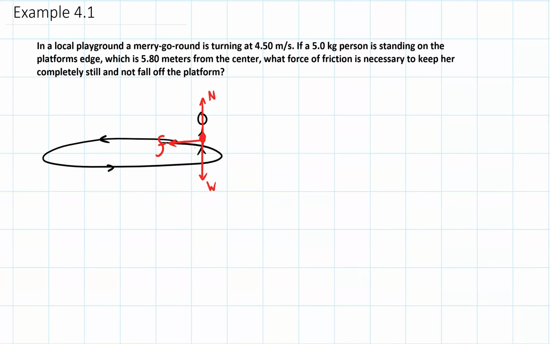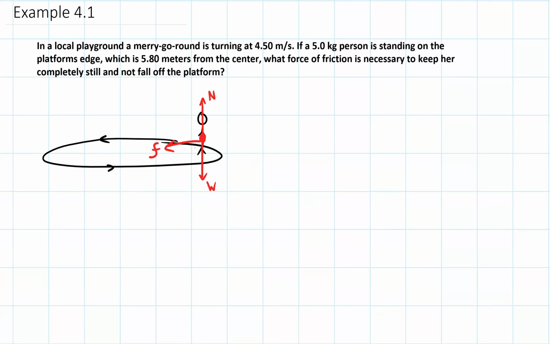motion. Because of Newton's first law, we know that if all of a sudden this friction force disappeared, this person would just go in a straight line off of the merry-go-round, and we don't want that to happen. They're in contact with the ground and they are not sliding, so we know there is a friction force holding them there.